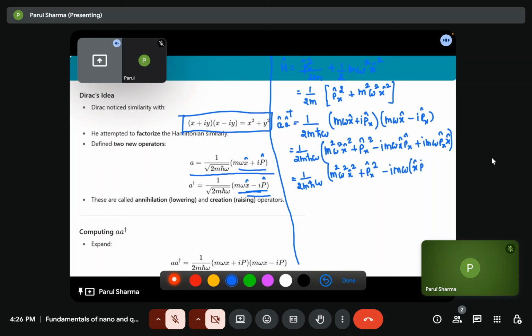This we know, the commutation relation will give us iota h cross. It's similar, and it will give us 1 by 2 m h cross omega.